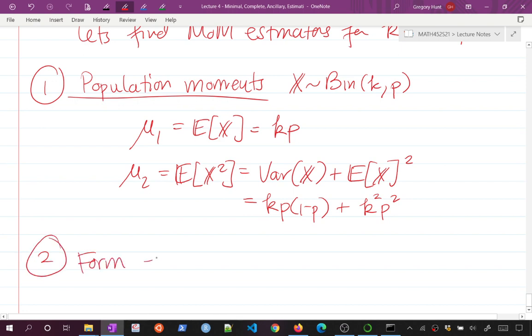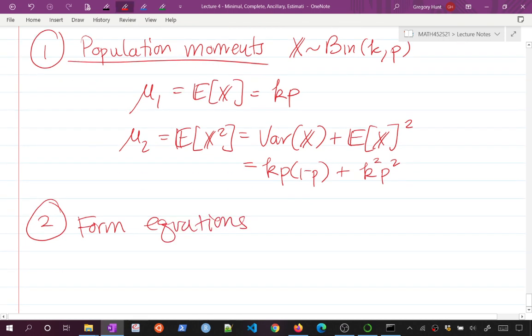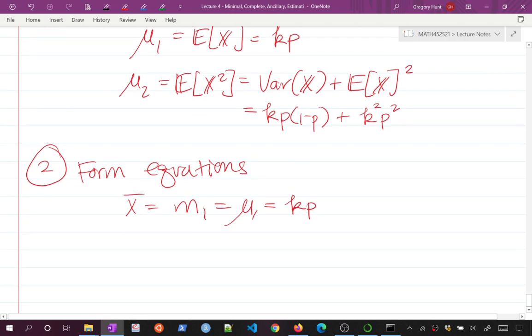Step 2, form equations. My first equation is that x bar, which is the first sample moment, should be equal to mu1, which is the first population moment, which is k times p. And my second equation is that I'm going to call this x squared bar, with the square under the bar, or you could more verbosely write it out, it's the average of the squares.